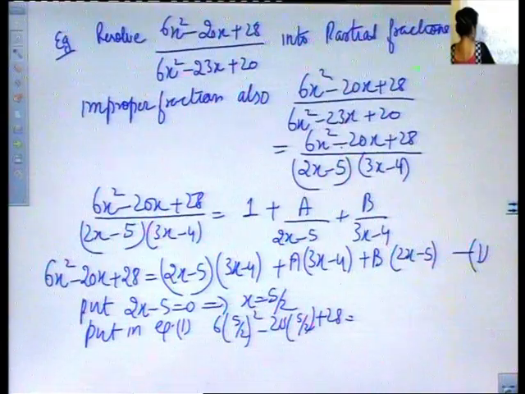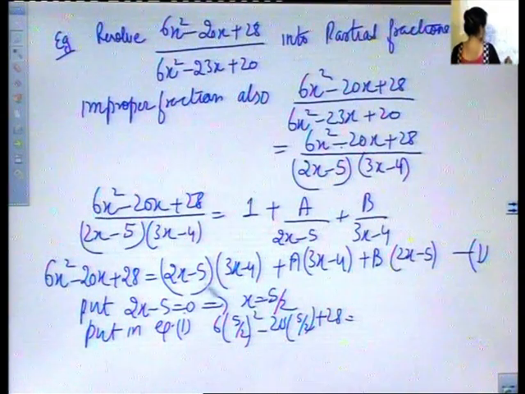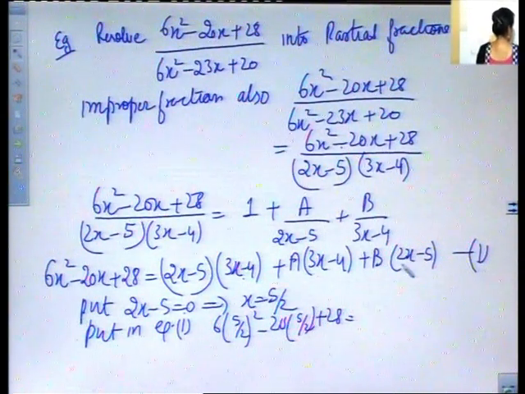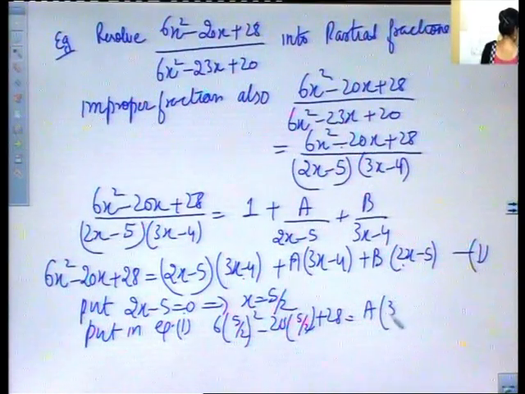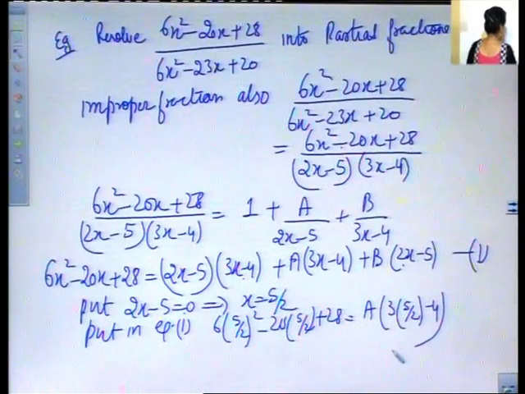Now, 2x minus 5 is equal to 0, therefore this term is 0 and this term is 0 and we get only a into 3 into 5 by 2 minus 4.